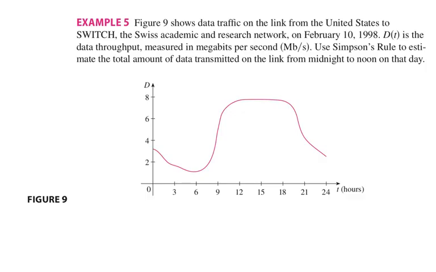So we need to find the area under the curve because D of t is the data throughput and it's measured in seconds. So the first thing we do is read the chart and create an x-y table, or you could plot it and work through it that way.